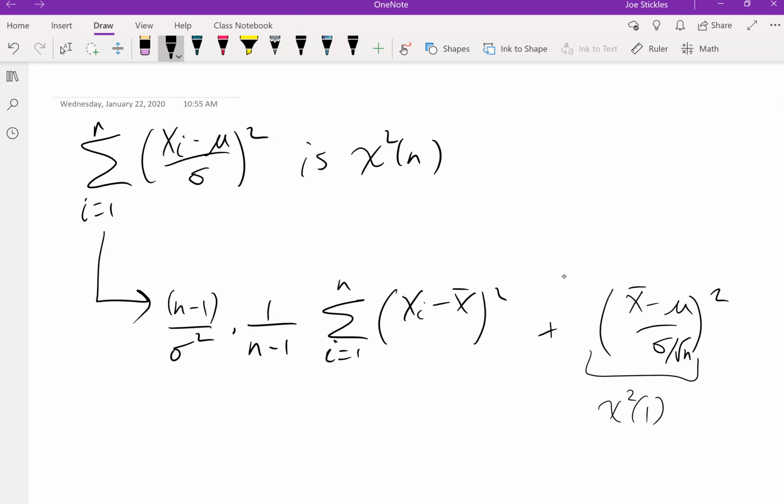At least I think it's weird. Why do I think it's weird? This is s squared, which is defined in terms of x bar, but yet as random variables they are independent of each other. Meaning that when you do sampling, what mean you get doesn't affect what variance you get, if you do it over and over and over again. The distributions are independent of each other.